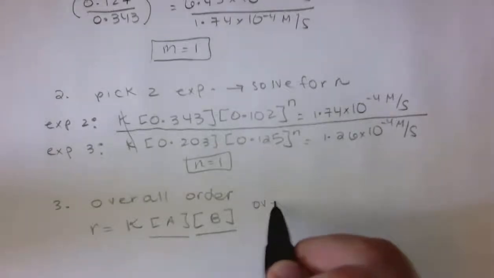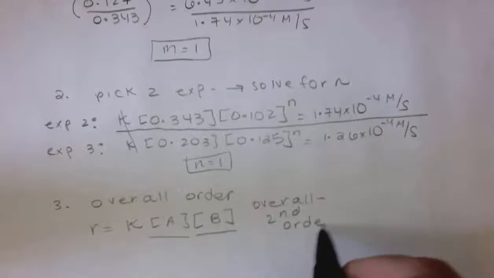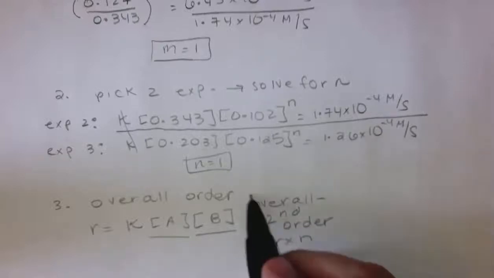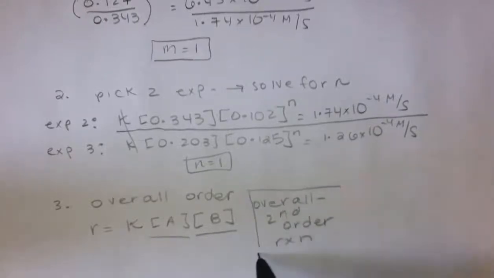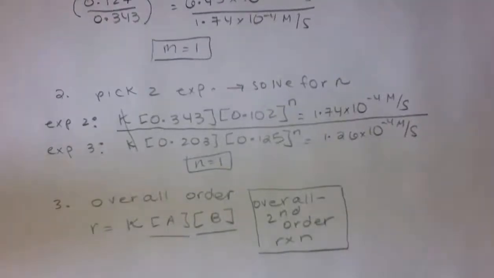So overall, we have a second order reaction. And it's important that it does say overall, because a problem may ask you, with respect to component A, what is the order? But this is asking overall.